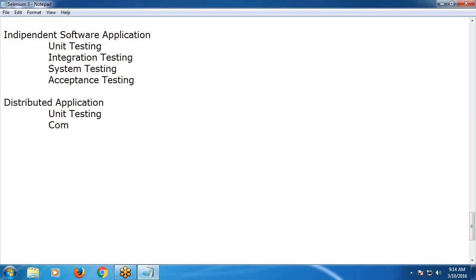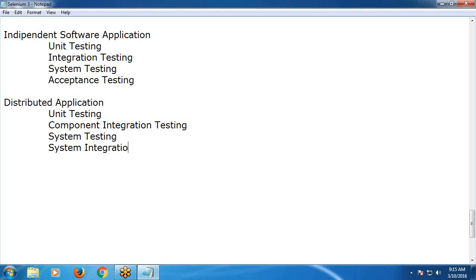After system testing, system integration testing, which is integration with other systems.